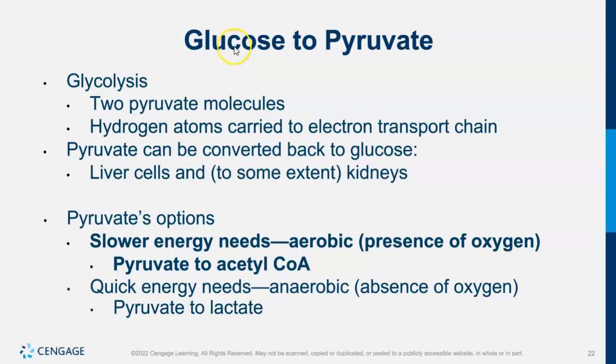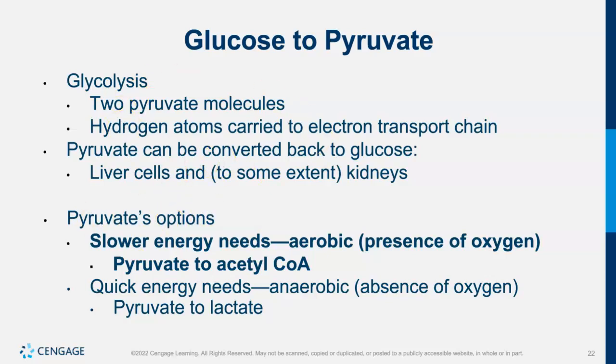So glucose can be converted into pyruvate, and we do that via glycolysis. Glucose, as we'll show on the next slide, is a 6-carbon molecule that gets split into 2 3-carbon molecules. What I want you to know here is that pyruvate has 2 options.